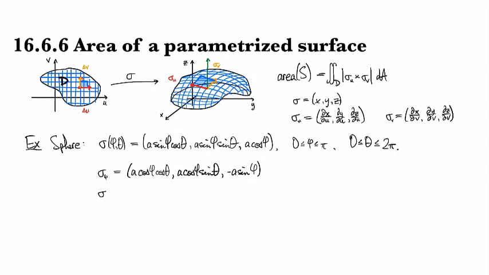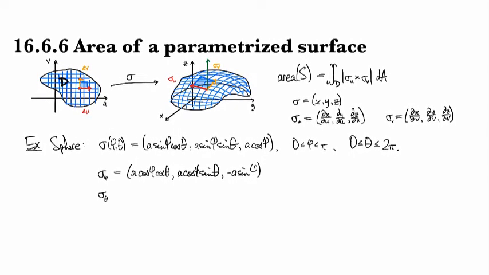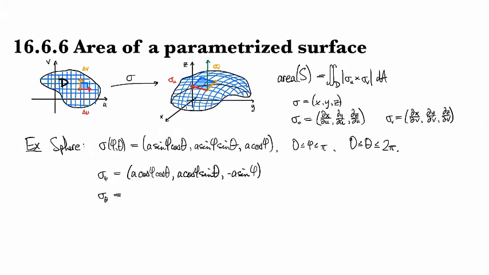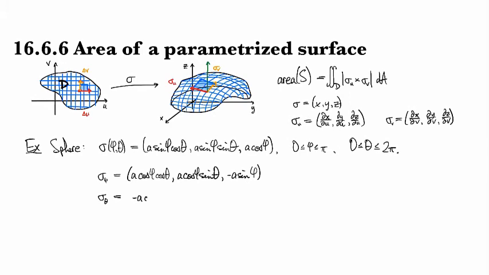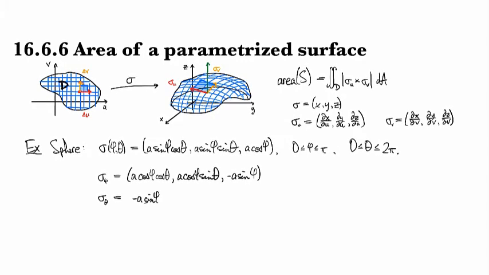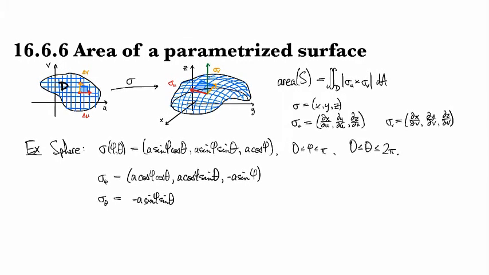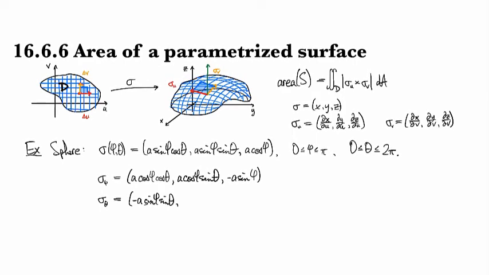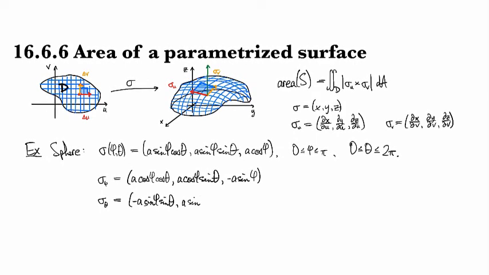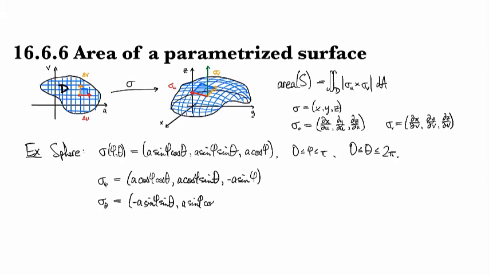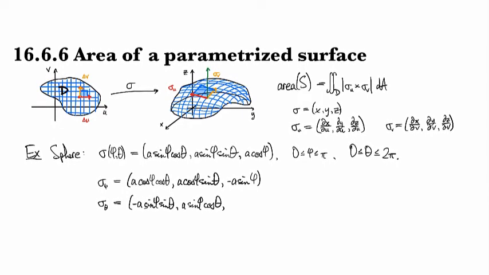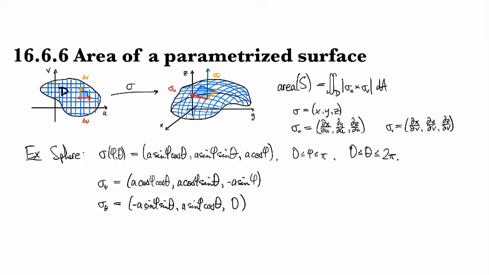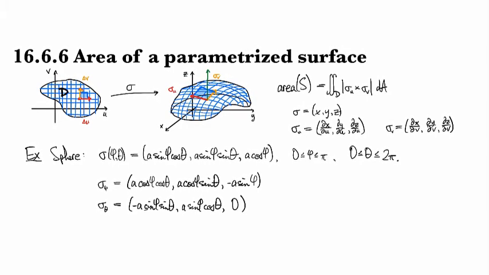And for sigma theta, we have minus A sine phi sine theta, and then A sine phi cosine theta, and then we have 0 because there's no theta in the function for Z.